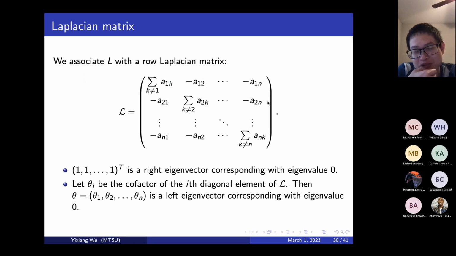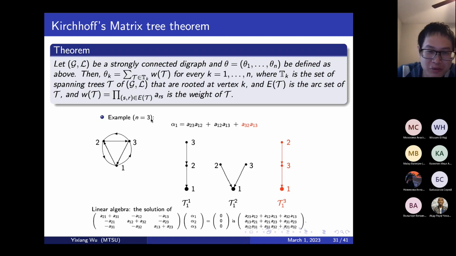Sometimes we use this version, and sometimes we use the column Laplace matrix in our papers. Here the example is a column Laplace matrix. Then we use the alphas, which are cofactors. Previously the zetas were the left eigenvector, but now the alphas are the right eigenvector.